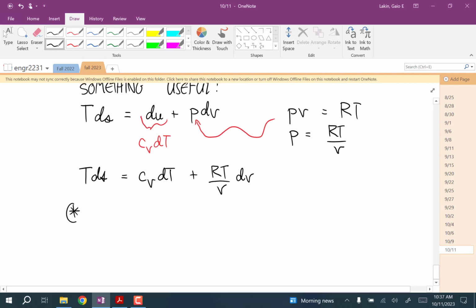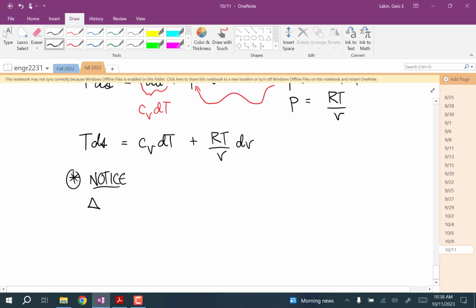So notice that we can write the change in specific entropy as a function of temperature and specific volume.